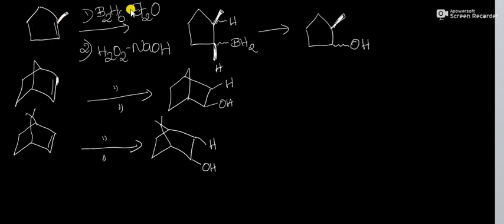Consider this example. The first step is a hydroboration reaction, followed by reaction with hydrogen peroxide and a base, sodium hydroxide. In the first step we get a borane, and followed by reaction with hydrogen peroxide and base, it will be converted into alcohol.